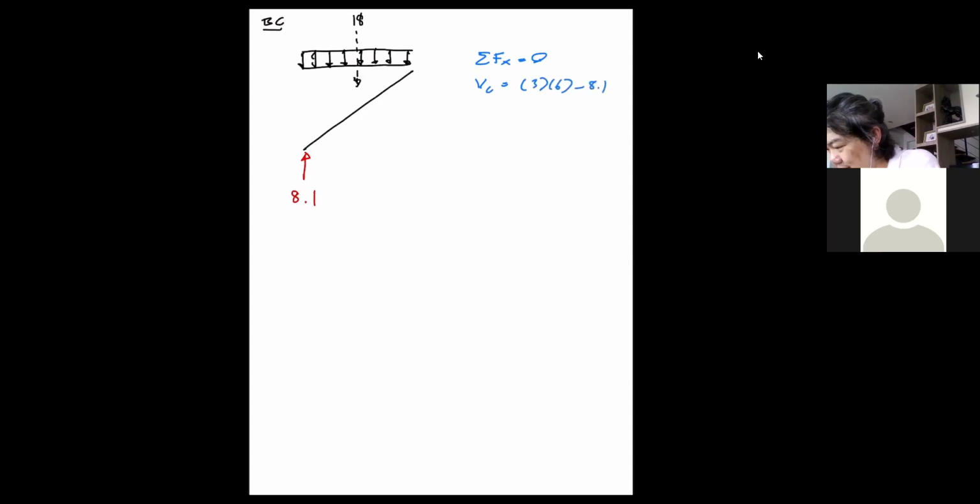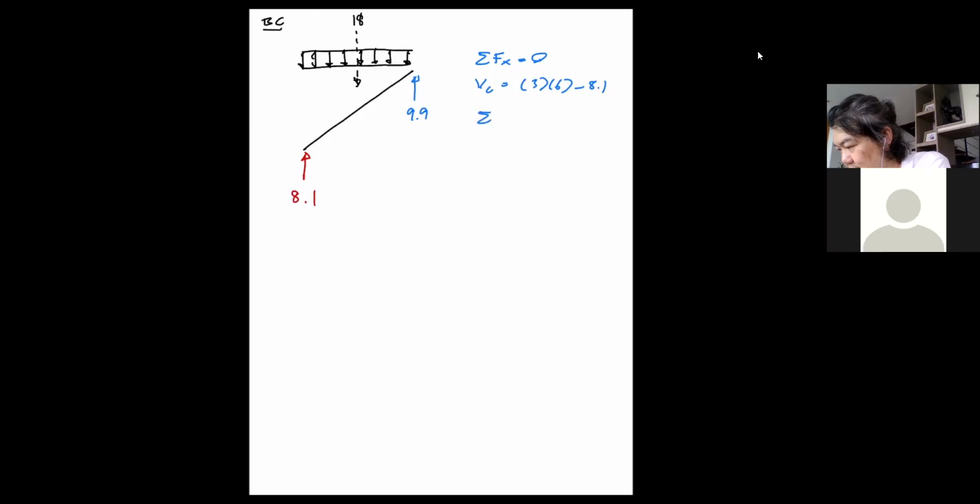So now you know that's 9.9. It's going to end smoothly because it's equal to the reaction on the opposite side of this string. Now you can also proceed to calculate the moment at C as well without doing anything with the load.